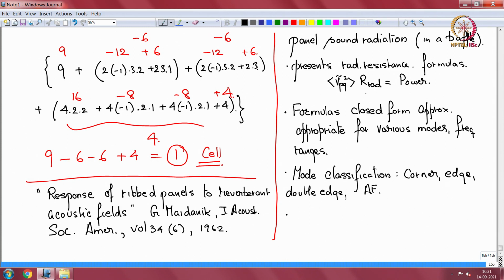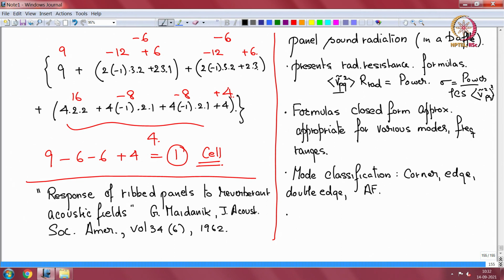Okay, so here this is very similar to radiation efficiency, except for some factor. Radiation efficiency is power radiated divided by rho c S times the mean square velocity.